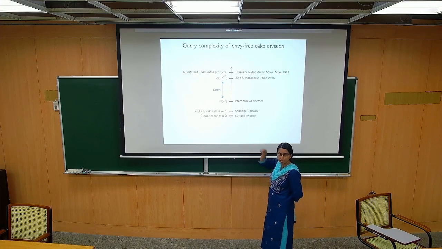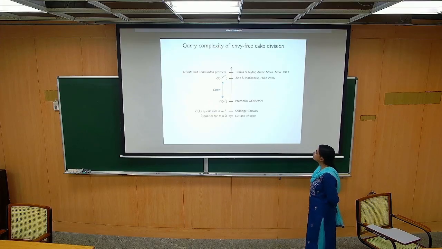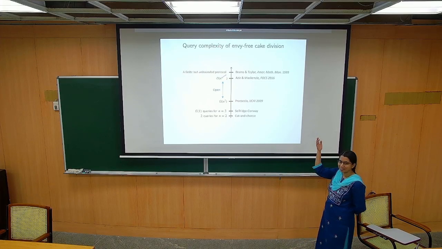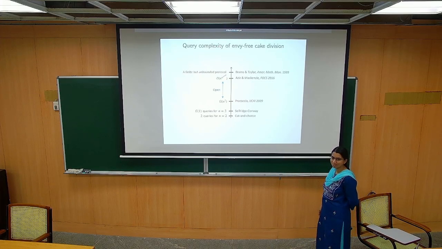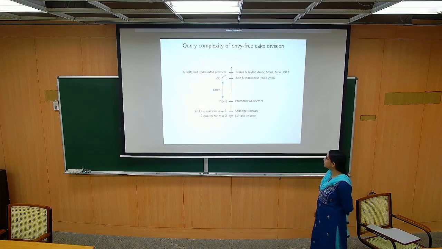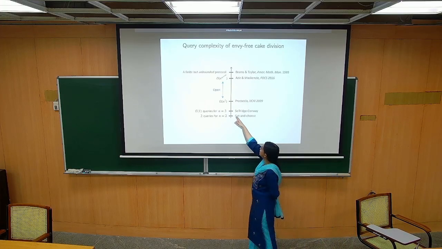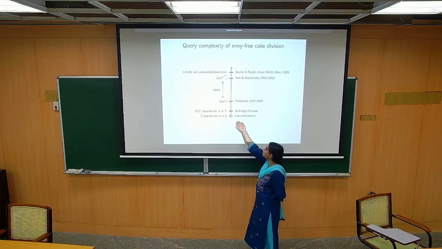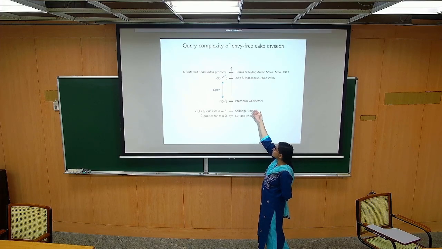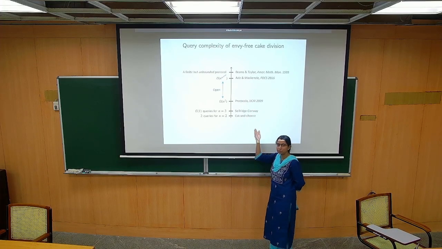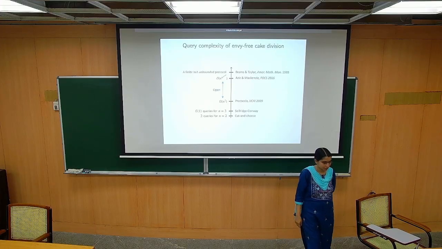Those are 6 n's. And that was very recently, in 2016. The lower bound known is only n square. N square queries will definitely be needed. That is the upper bound we have. There is a really huge gap between them, which is okay.